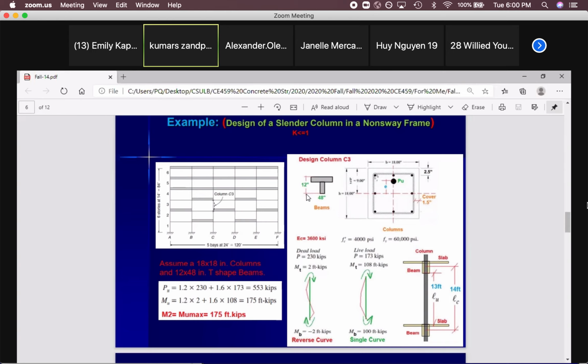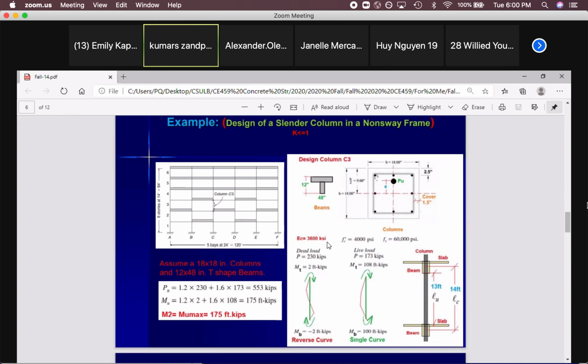That's very hard to design, especially if you have big spans. Each span is 24 feet. Look at this, 5 bays at 24 feet means 24, 24, 24 for the length of the beams, and 6 stories at 14, so 14, 14, 14, each one is 14.